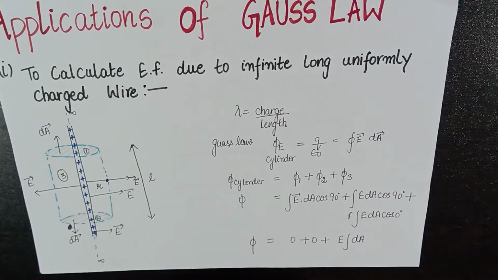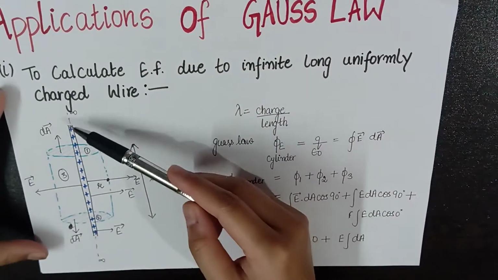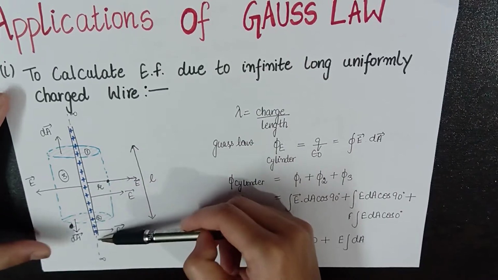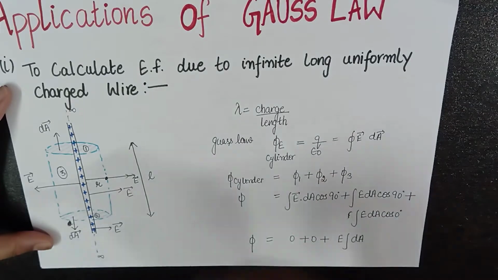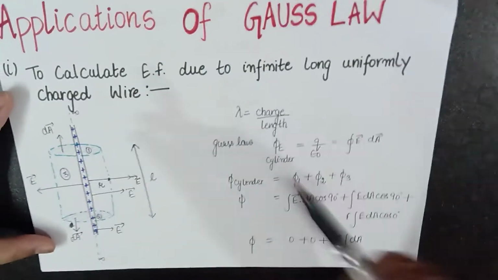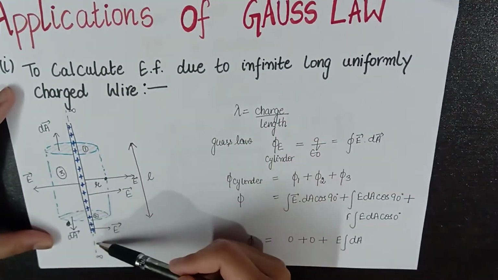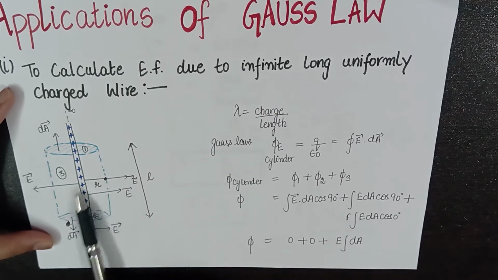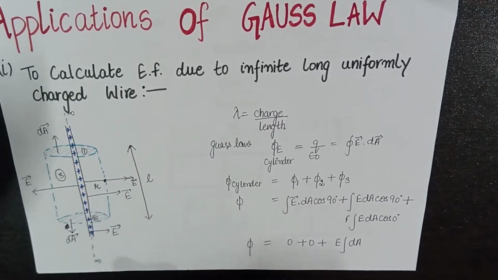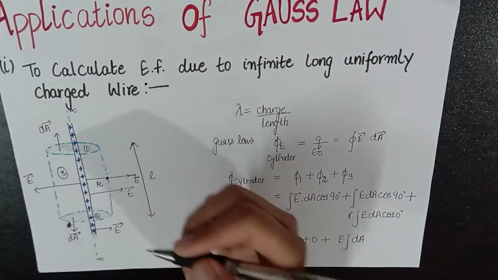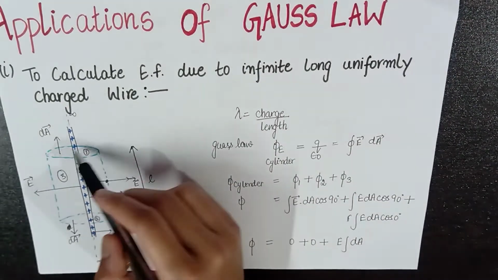So the first system under our consideration is a long infinite charged wire. This wire extends up to infinity, that is minus infinity here, and up to plus infinity there, and the charge is uniformly distributed over this wire. We have to calculate the electric field intensity at a certain point at a distance r from this wire.